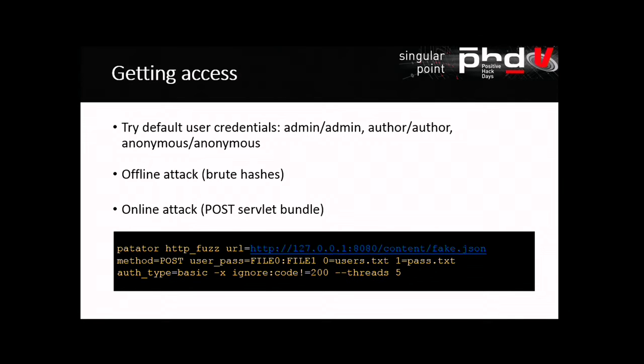If the Core JSON Builder is available and we manage to dump the hashes, we crack them, either SHA-1 without salt or SHA-256 with salt. If nothing works, we can try an online attack.